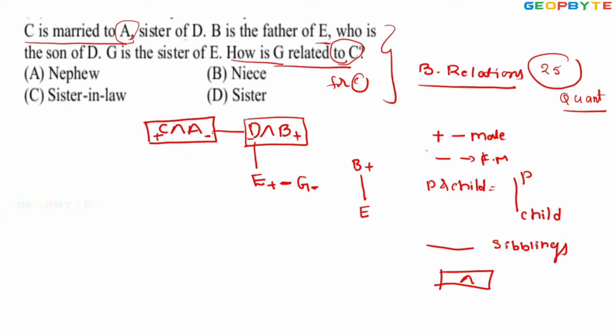C is wife, G is sister-in-law's kid. Their kids are niece and nephew. So how is G related to C? The answer is niece.